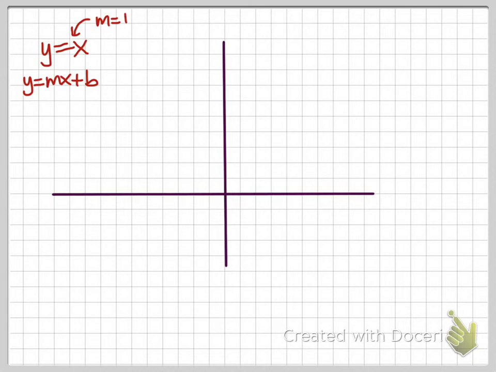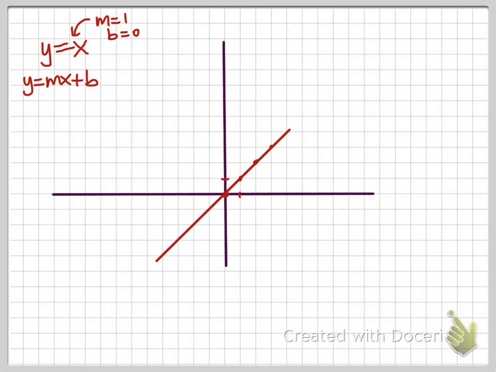We're not adding anything, so our intercept is a 0. So our basic line is just this. We have a point at 0, and then we're going to go over 1, up 1, over 1, up 1, over 1, up 1, and let me draw this line. So this line's going to look like this. That's a basic line, right?